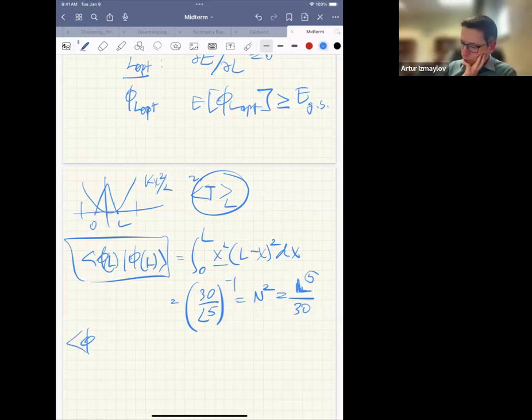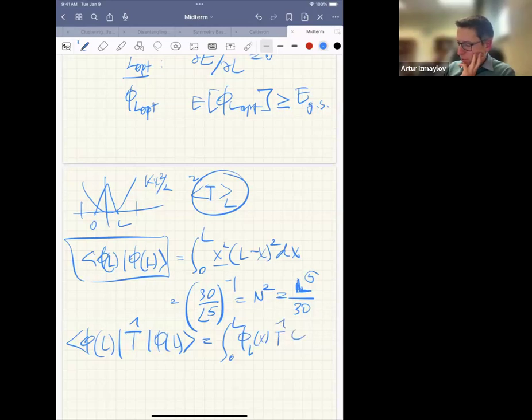Now we need to find the integral of phi L T phi L. Again, you take phi L of x and apply the differential operator to phi L of x, dx.